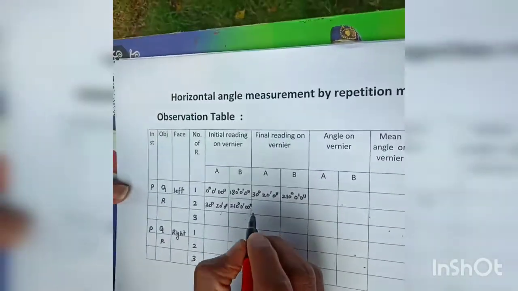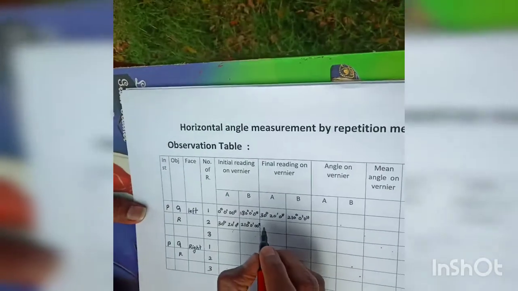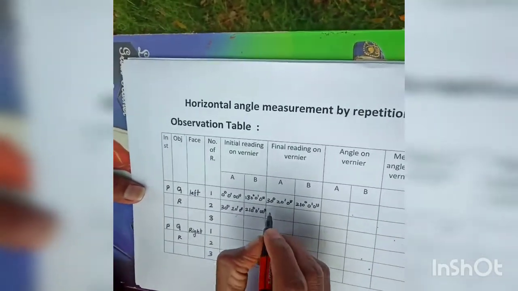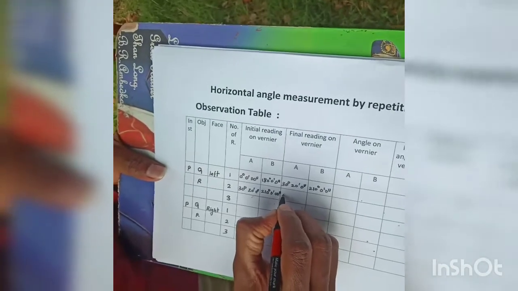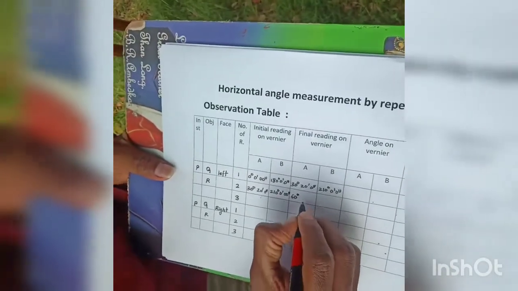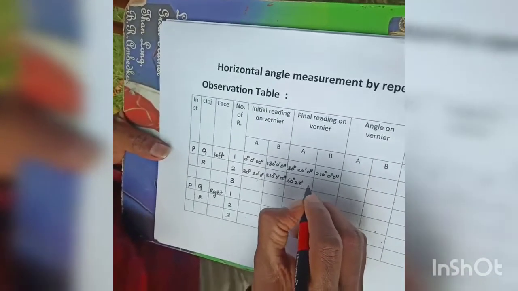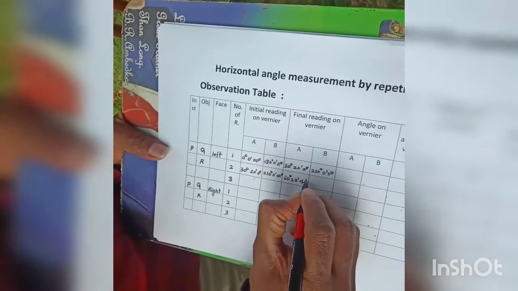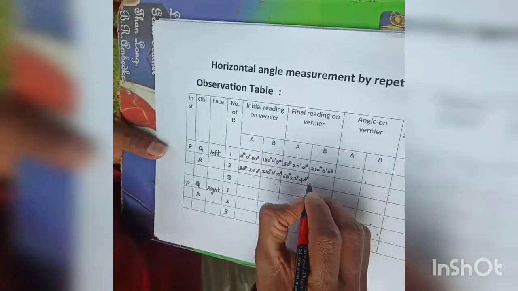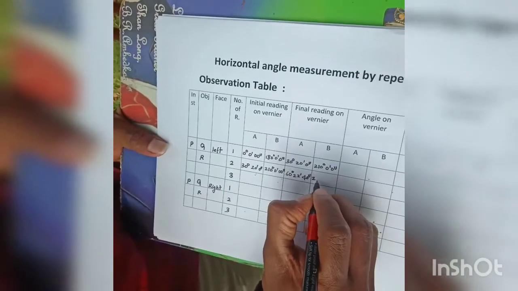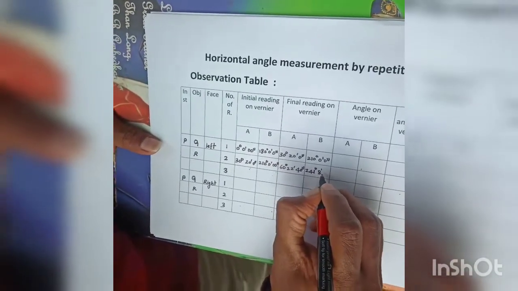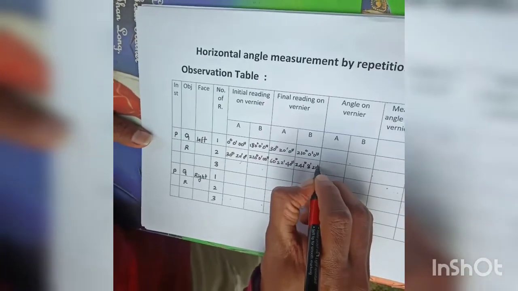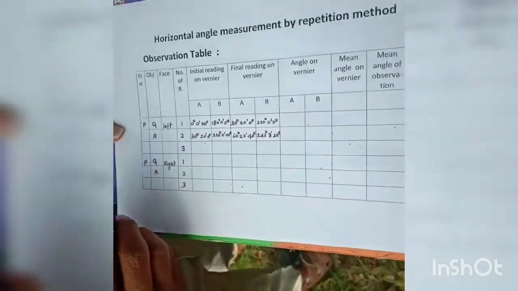Observe the reading through the window and record it into the observation table, and the reading at A this time is 60 degree 22 minute 40 second, and at B 241 degree 8 minute 20 second. Okay, now this is for the second observation.